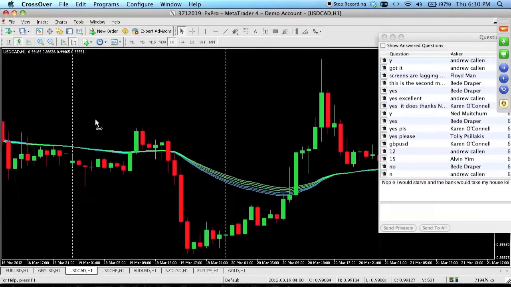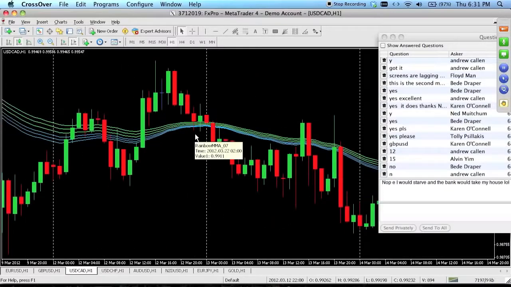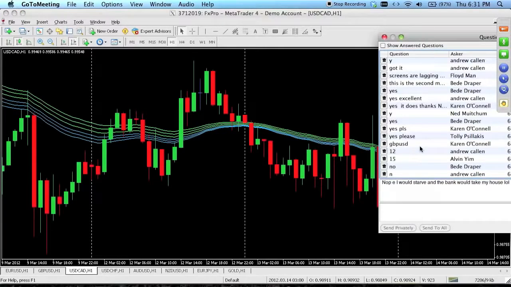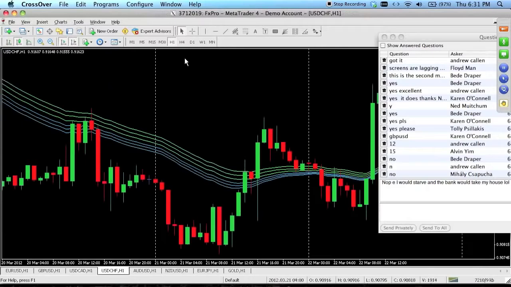Take a look. Any trades here? Okay, Mihaly says no. Swiss franc March 12th.